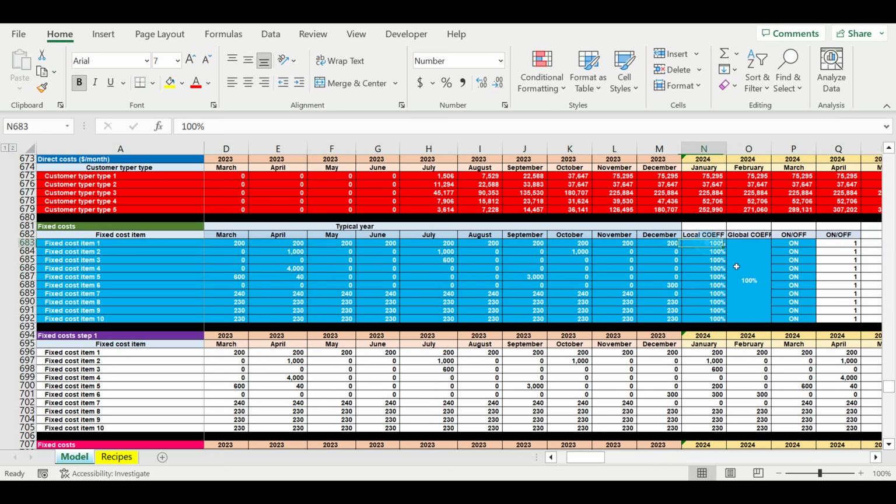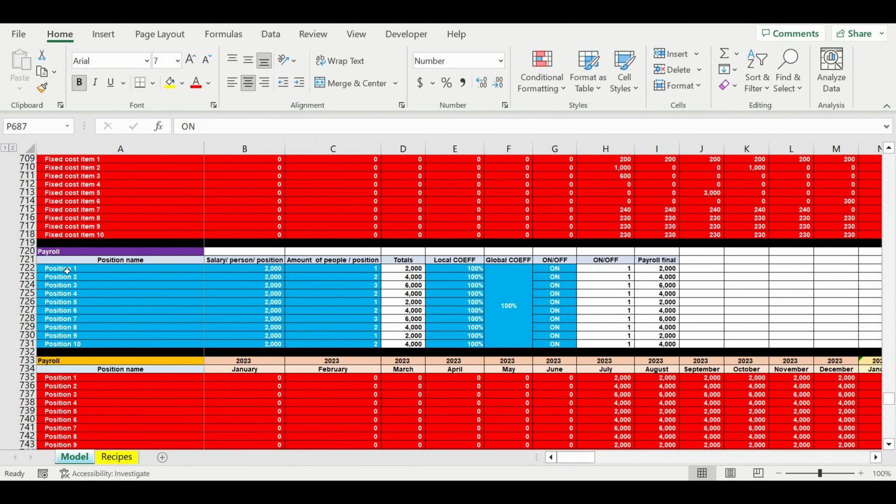We can increase and decrease different fixed cost items globally and locally. And also we can switch on and off different fixed cost items to see what will be the performance of the business with or without this or that expense. So this will be very interesting to look at the cash flow statement in that way.